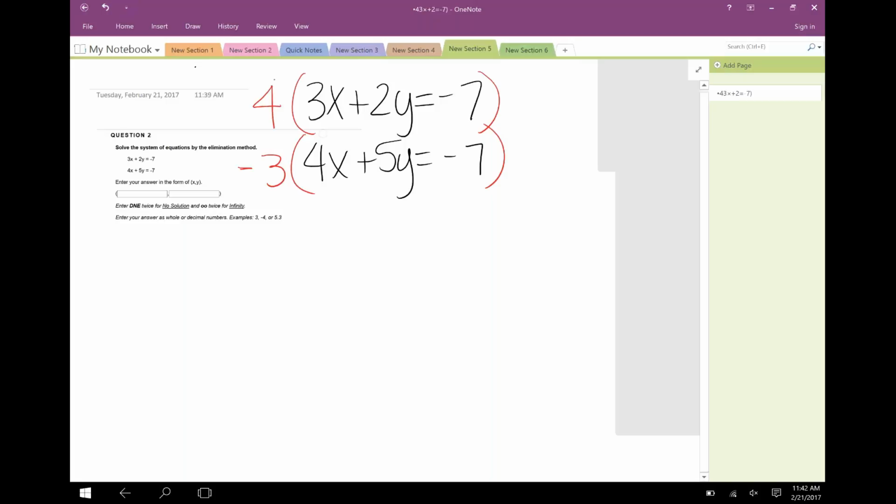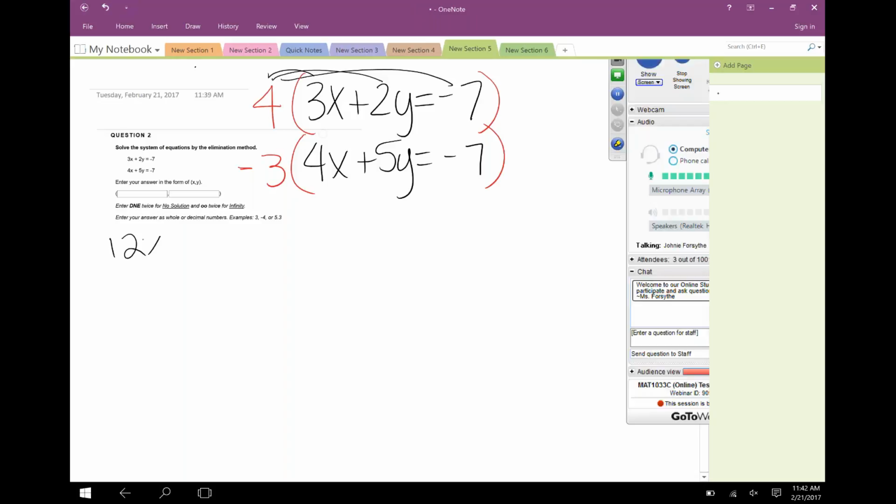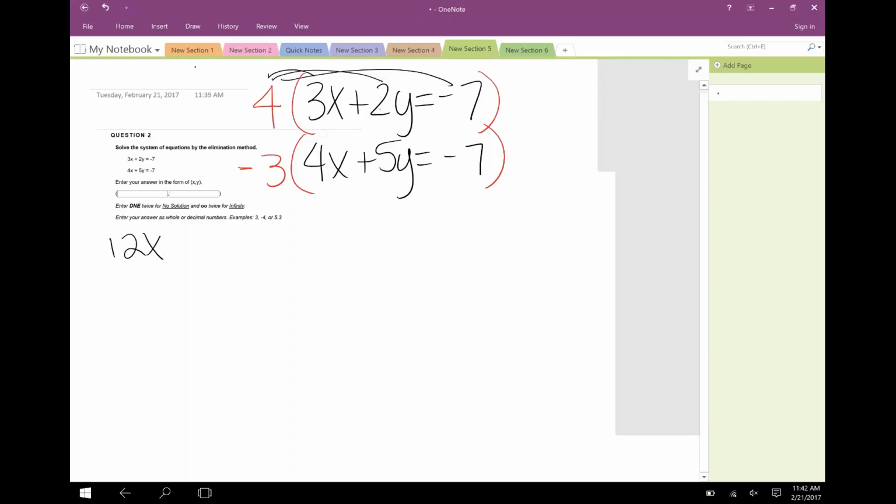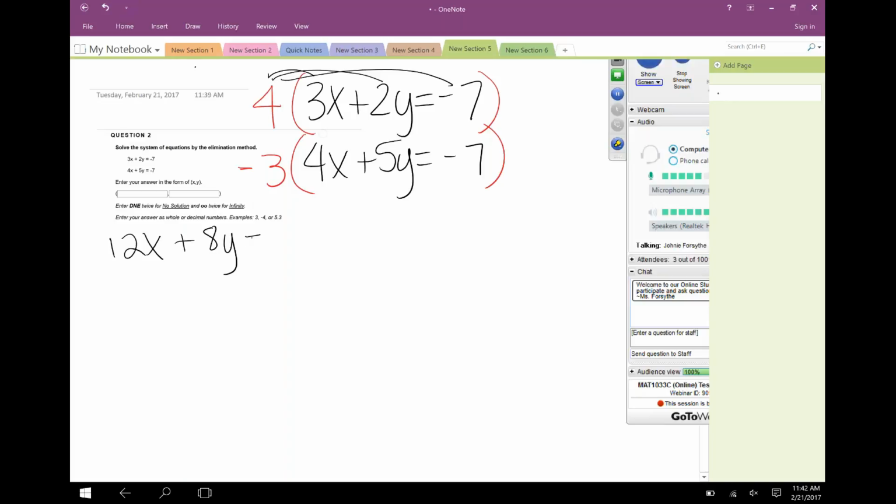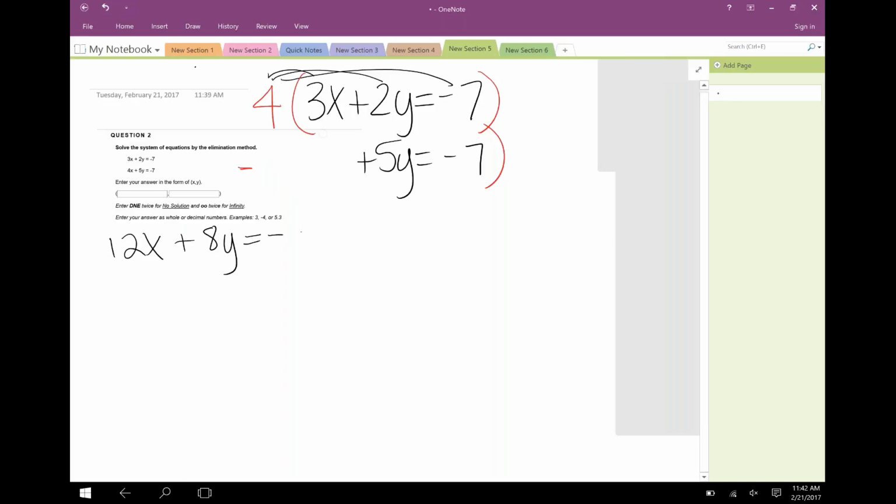For the first one, if I distribute the 4 with every single term in the equation, I'm going to have 4 times 3x is 12x, 4 times 2y is 8y, and 4 times negative 7 is negative 28. Okay, let's do the next one.